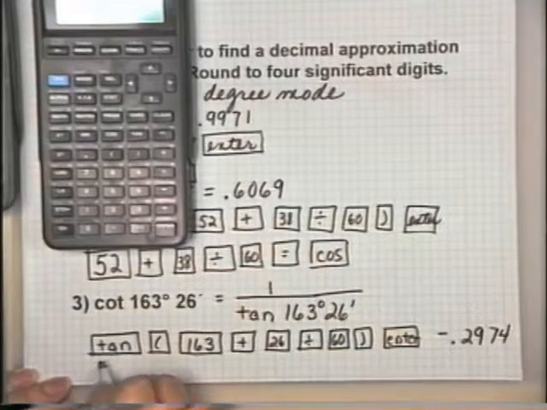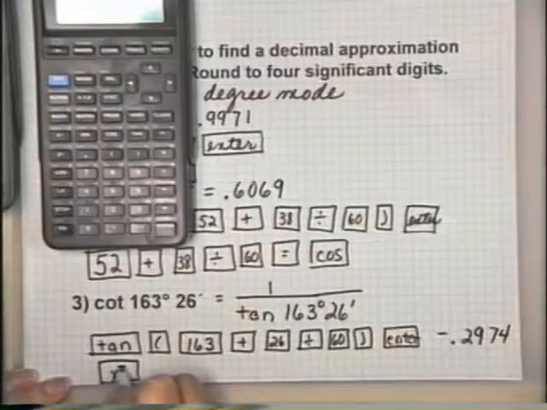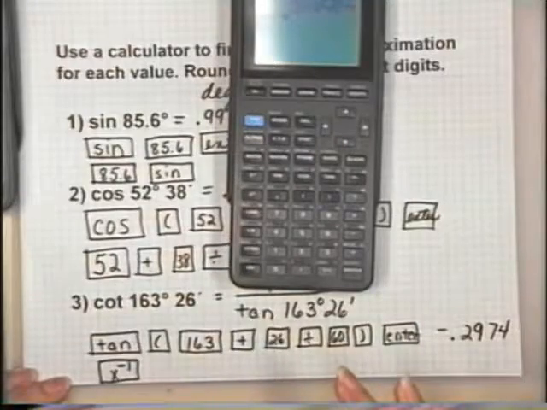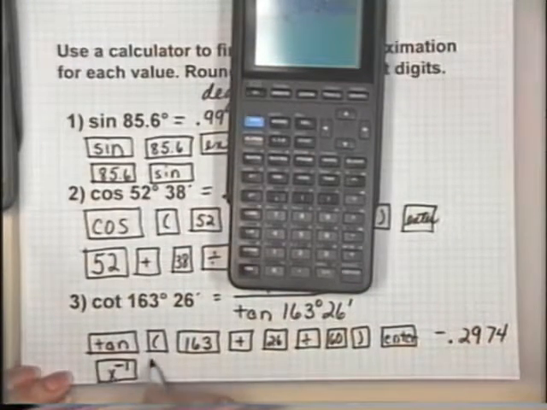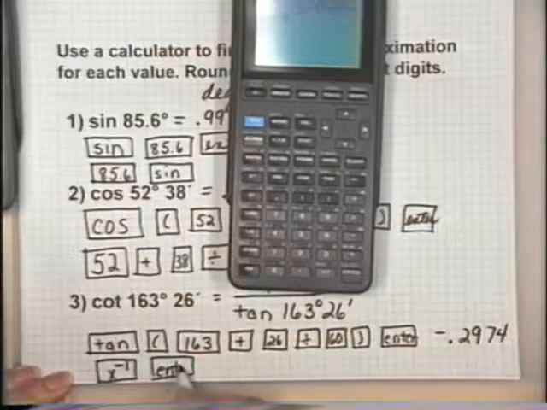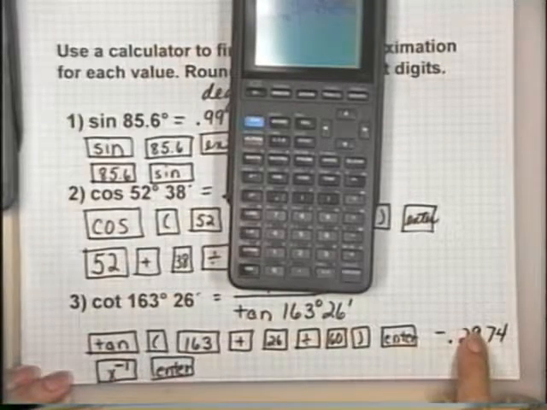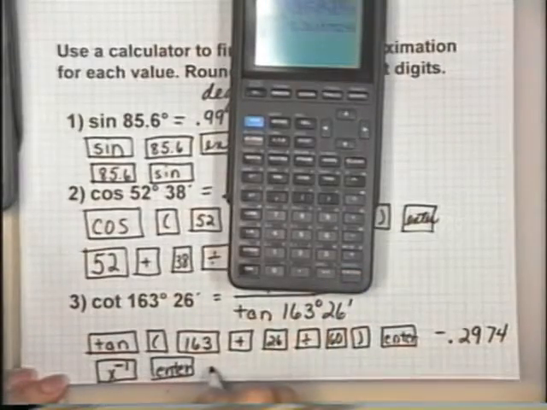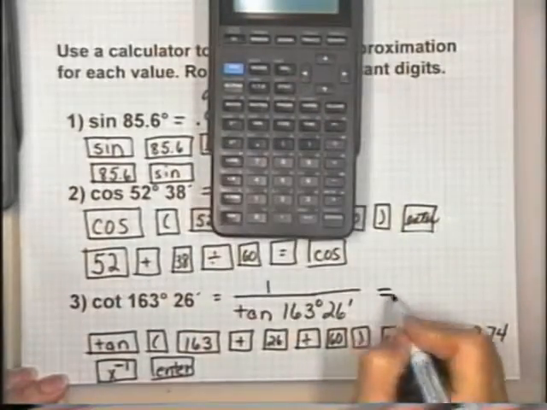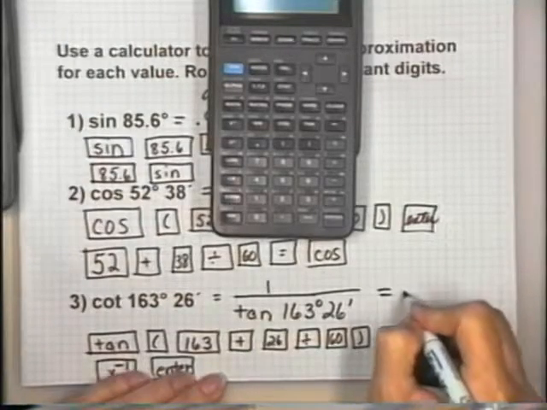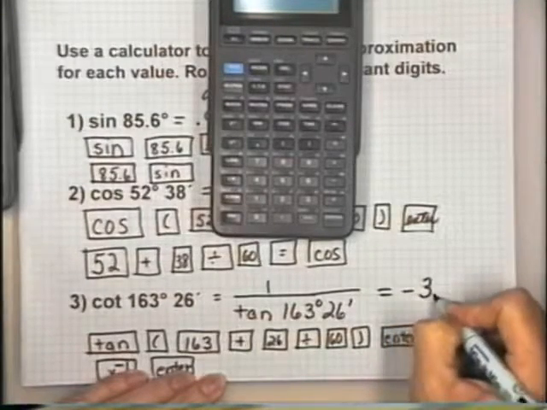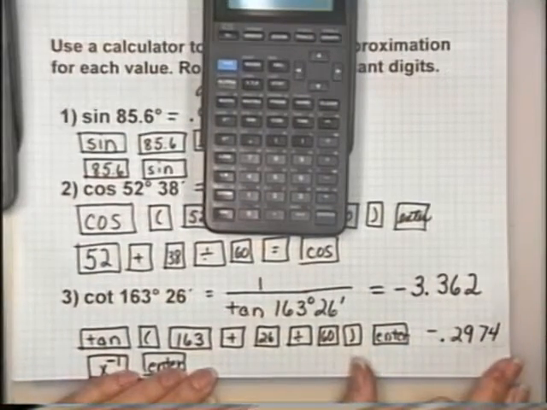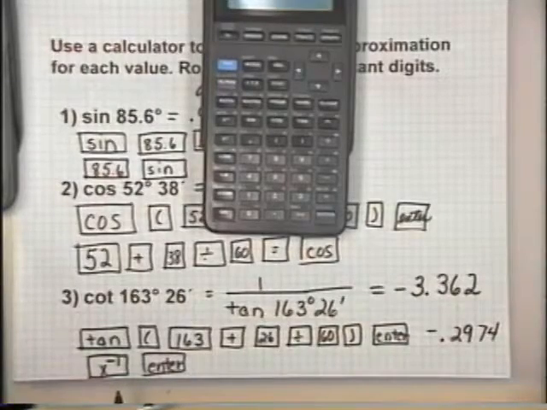So if you hit your reciprocal button, which is x to the minus 1 on this calculator, then if you hit enter, it automatically takes this answer and gives you the reciprocal. And so what we got here for a final answer is negative 3.362 rounded to 4 significant digits.